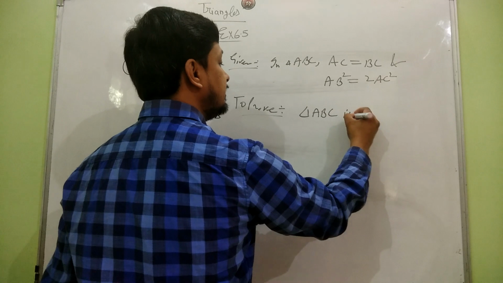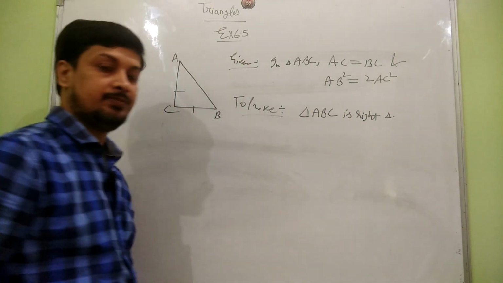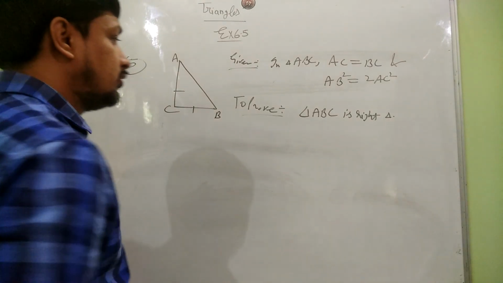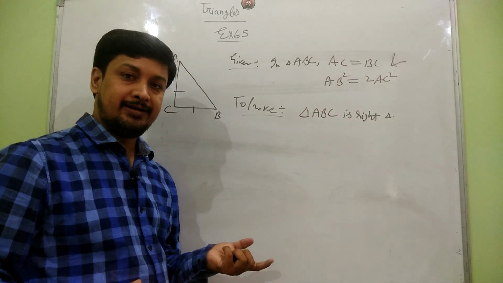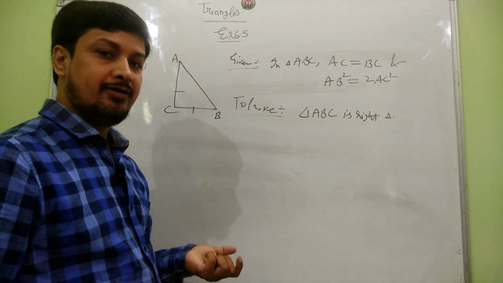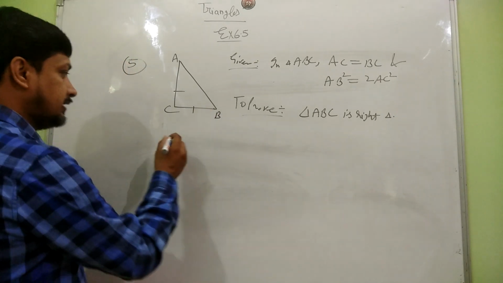Basically, to prove any triangle to be a right triangle, we will apply the converse of PGT. And if the 90 degree angle is given, we will apply PGT. So just keep that in mind.